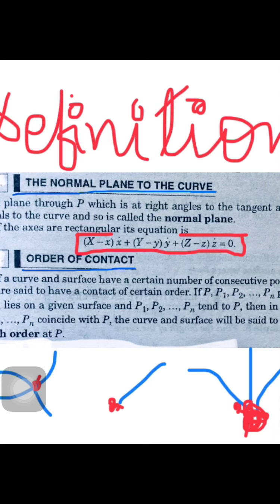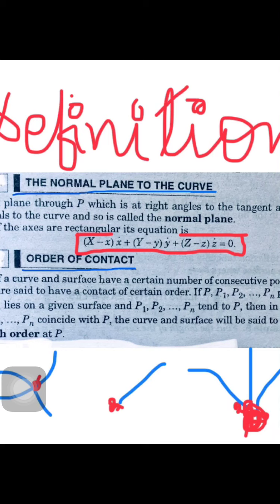The coordinates (x, y, z) are the coordinates of point P, and x dash, y dash, z dash are the first differentiations. So this equation is the equation of the normal plane.